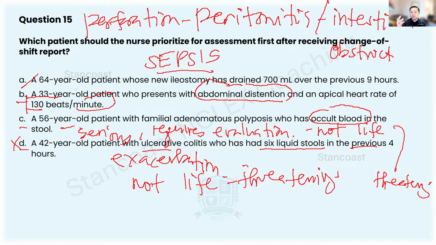It can also cause increased permeability of the blood vessels. The patient will end up with massive hypotension plus leakage of fluids into the interstitial spaces. This is life-threatening. So select letter B. Abdominal distension and heart rate of 130 beats per minute.